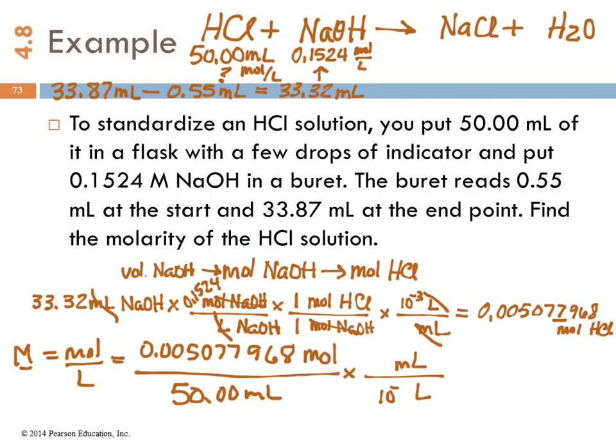Milli means 10 to the minus 3, and so the milliliters cancel out. Come on, phone. And I miraculously arrive at the same answer. This is our final answer, so we can round it. Moles per liter.